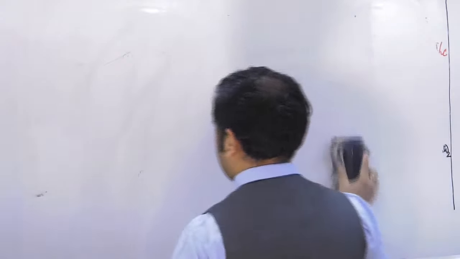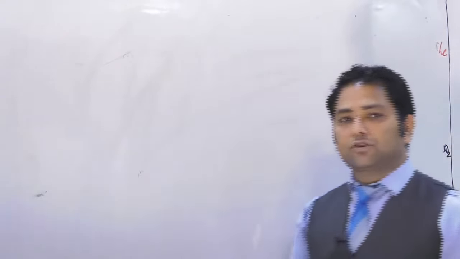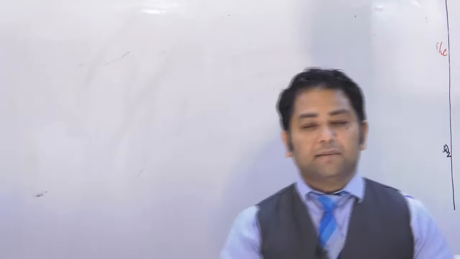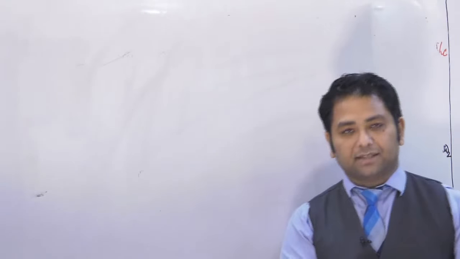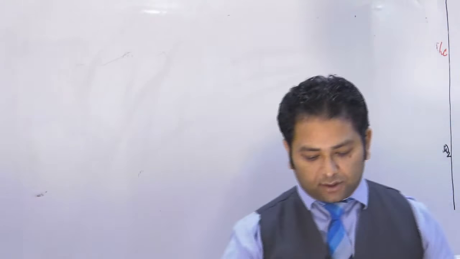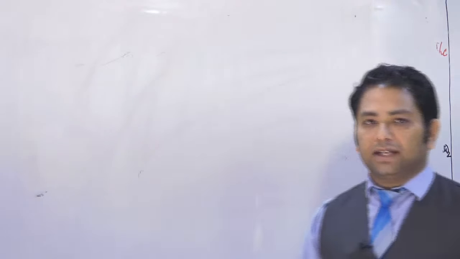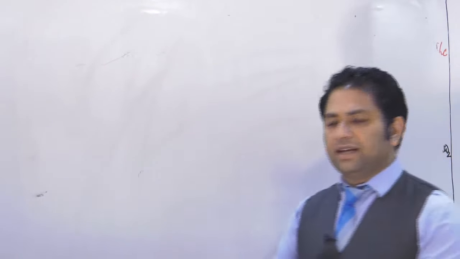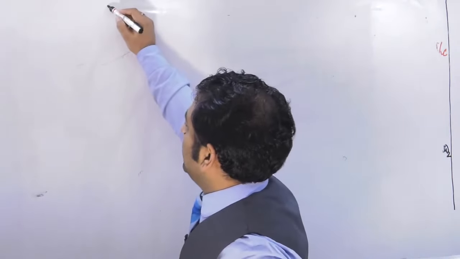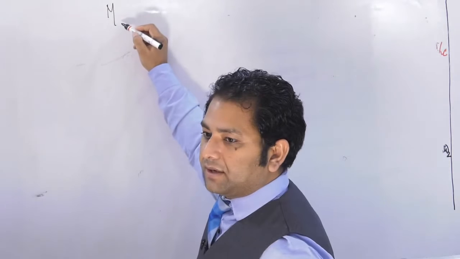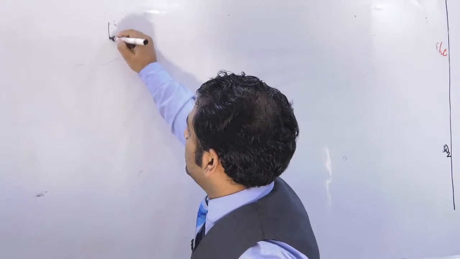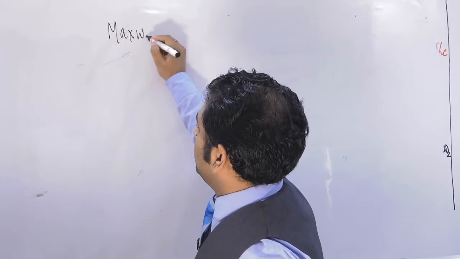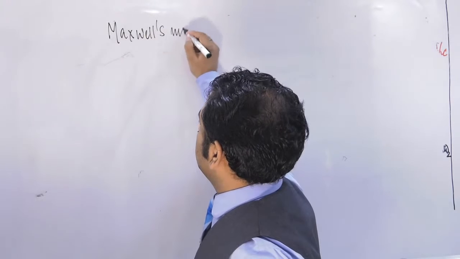Now there is another part in electromagnetic waves about Maxwell's modification, and that is also one way which gets lots of questions. So let's try to see. We are going to talk about Maxwell's modification.